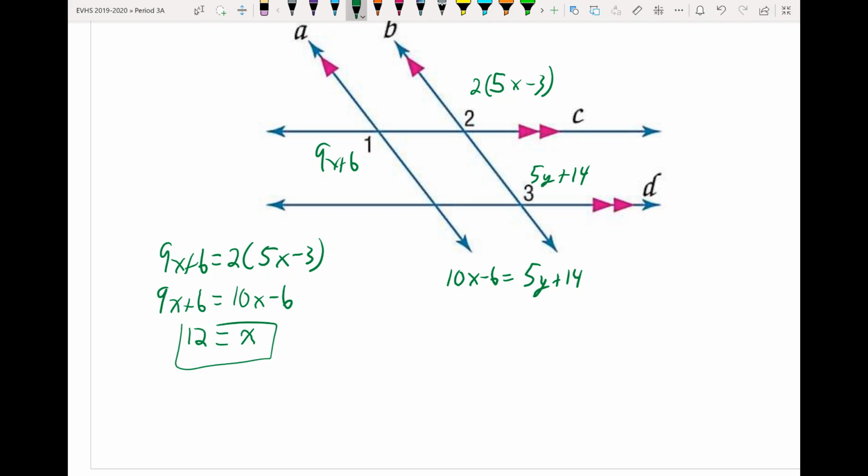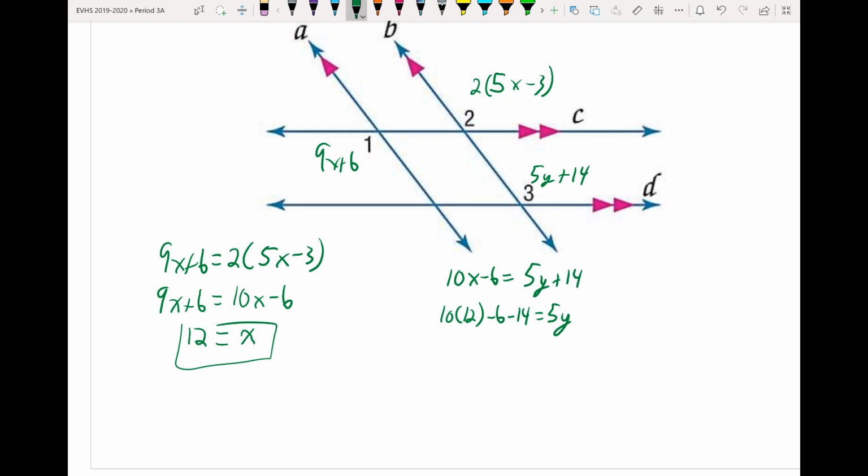And now, I've got to substitute in. 10 times x, which is 12 from the other side, minus 6. And to simplify here, I'm going to subtract the 14 on both sides, equals 5y. All right, now 10 times 12.